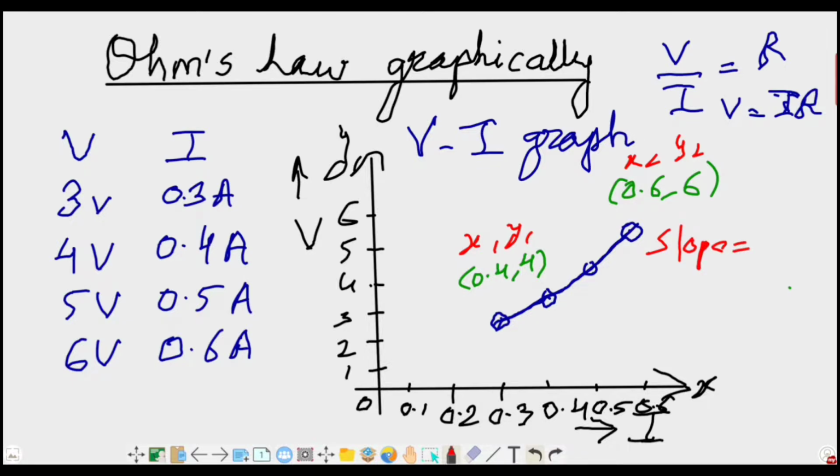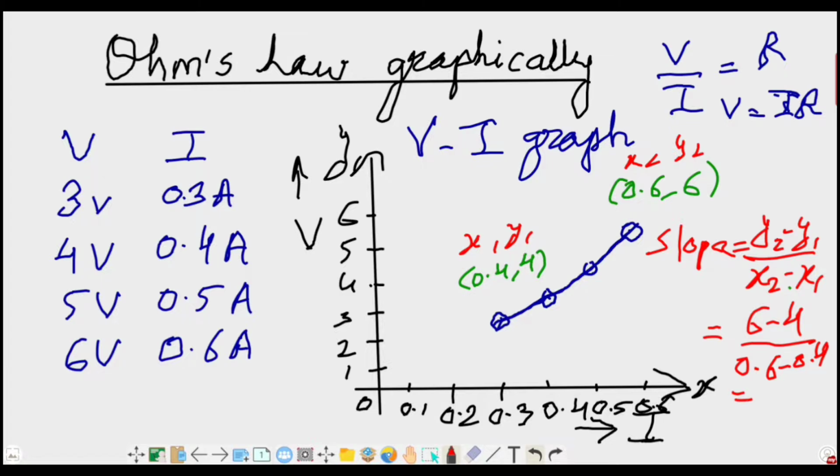The formula for the slope is y2 minus y1 upon x2 minus x1. Correct? So here my y2 is 6, so 6 minus 4 upon 0.6 minus 0.4. So this will be 2 upon 0.2.